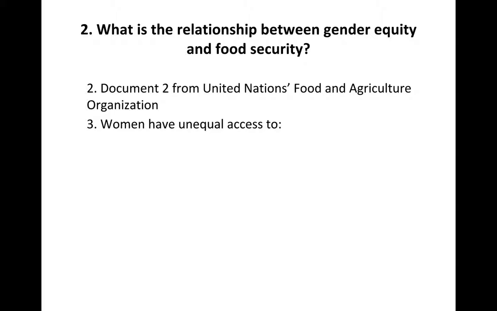I'm telling you the answer is staring you right in the face. I'm not asking you to come up with anything else, but just take a moment to summarize, especially when we're thinking about this question of what is the relationship between gender equity and food insecurity. And I'll leave it at that for right now.